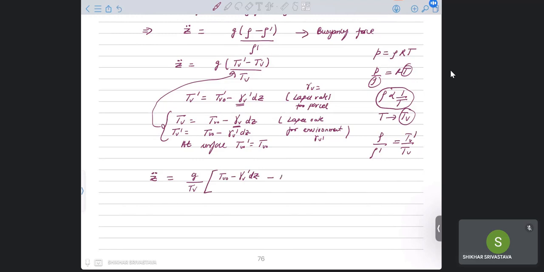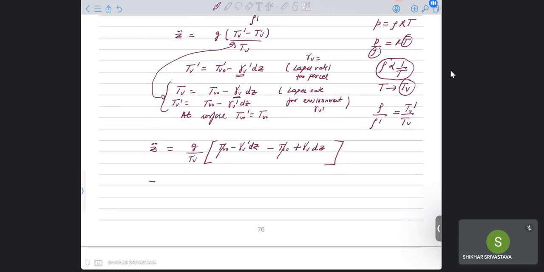TV is TV naught minus gamma V dz, so minus minus will become plus gamma V dz. So this term, TV naught, will get cancelled out. So the vertical acceleration, or the buoyant acceleration, of the air parcel will be g upon TV times gamma V minus gamma V dash, times dz.